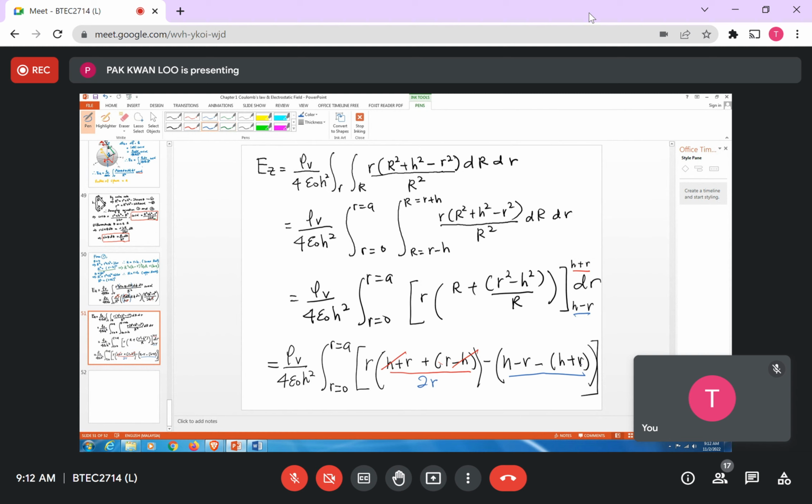Here as well, H minus H, negative R minus R, we get negative 2R, right? So 2R minus negative 2R, the negative negative is positive.